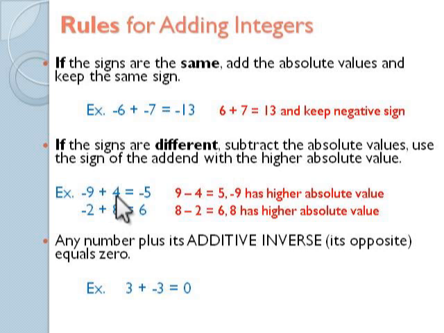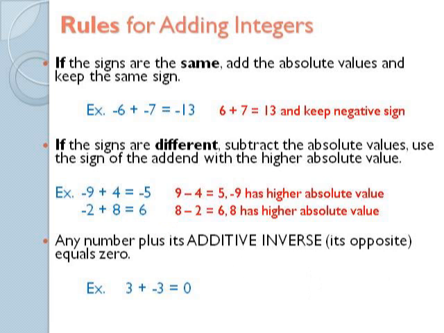So 9 minus 4 is 5, 8 minus 2 is 6, and then the answer will have the same sign as the one of the two addends whichever is farther from 0. So in this first case, the negative 9 is farther from 0, and since it was negative, your answer stays negative. On the second one, the 8 is farther from 0. So since it's positive, the answer 6 is positive.